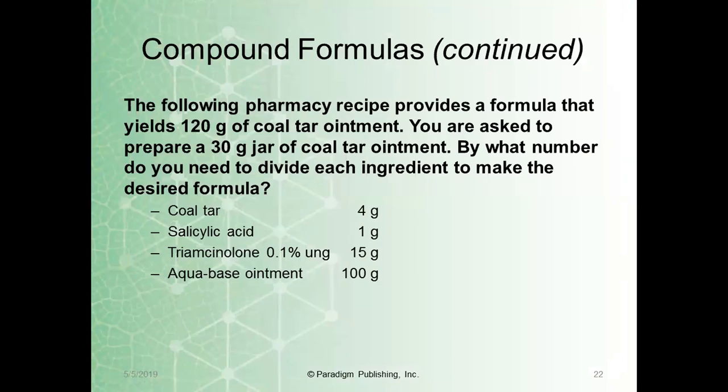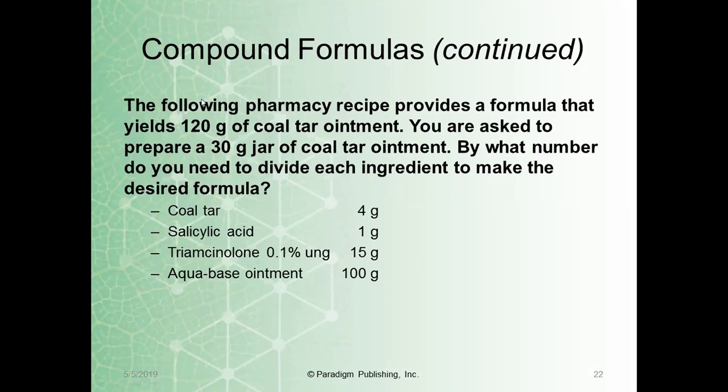So the following pharmacy recipe provides a formula that yields 120 grams of coal tar ointment. You are asked to prepare 30 grams of coal tar ointment. So right here, you're reducing the amount. You're going from a larger amount to 30 grams. By what number do you need to divide each ingredient to make the desired formula?